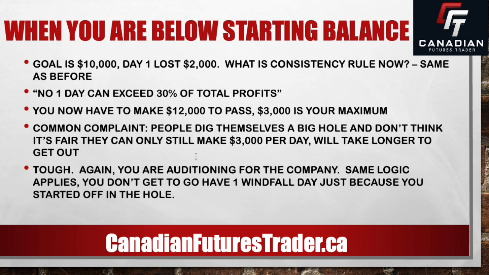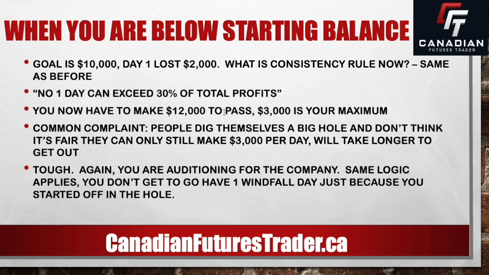So another different situation is some people fall below the starting balance. I didn't put an account size on here, but your same parameters apply: your goal is 10,000, but let's say on day one you lost 2,000. So you end the day 2,000 below your initial starting balance, not the best day. Some people say, well, what's the consistency rule now?